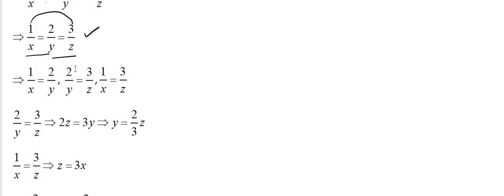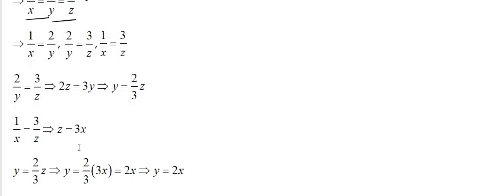Next, I am taking the second one, 2 by y equal to 3 by z. On cross multiplication, 2z equal to 3y. From this, y equal to 2 by 3 into z. Again, from the first one and the last one, that means 1 by x equal to 3 by z. Again cross multiplication, z equal to 3x.